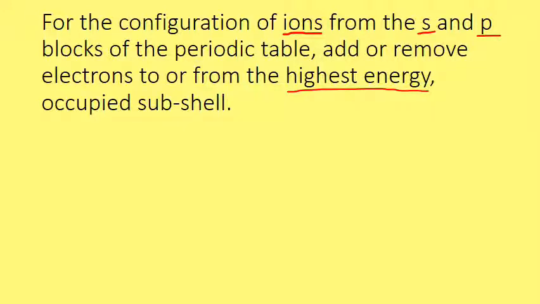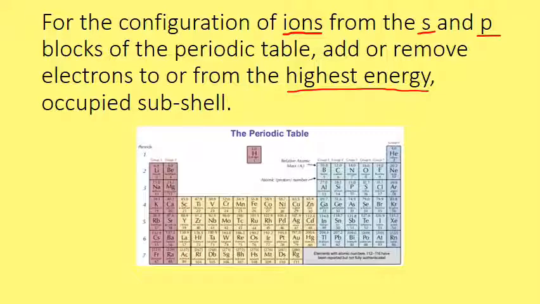Okay, so let's just make sure we understand what s and p blocks are. So I've got a little diagram of the periodic table here for you, and you see here in purple, so I just changed to purple, we've got this group here. Whoops, not supposed to include any of those d block elements. So that block there, groups 1 and 2, that is the s block, and it's named like that because the outer electrons are in s orbitals.